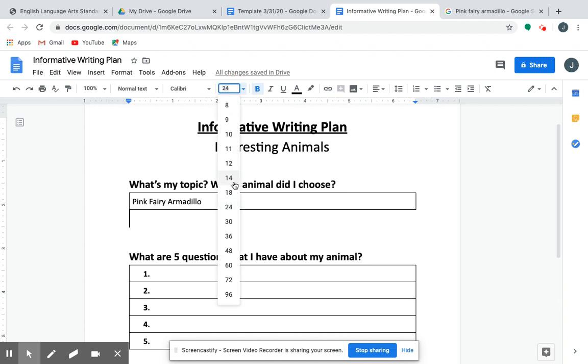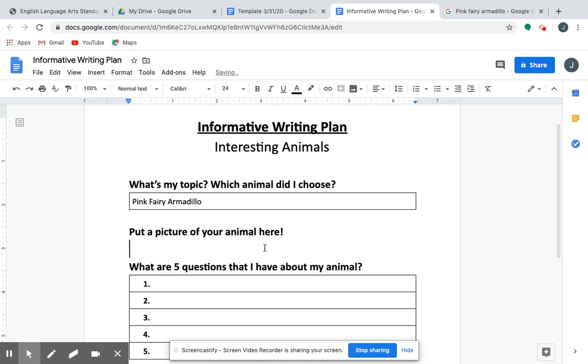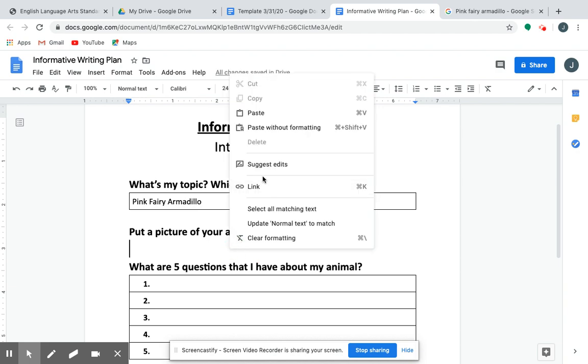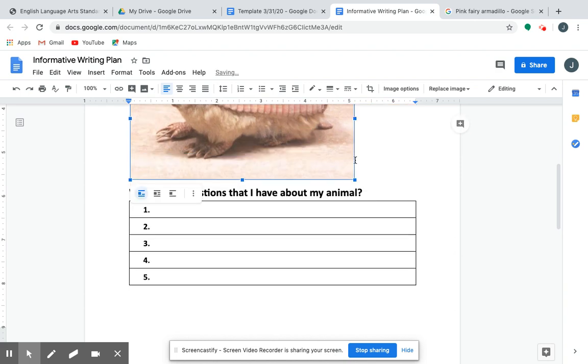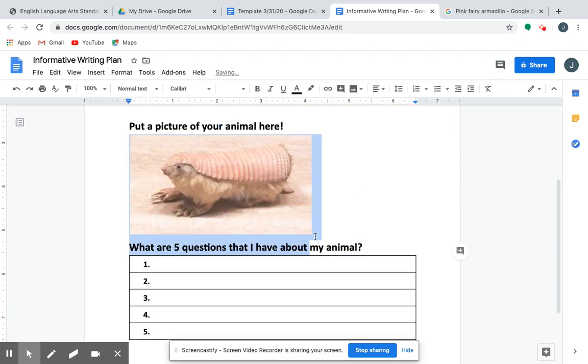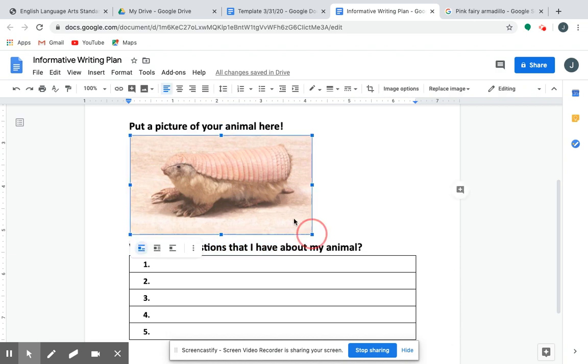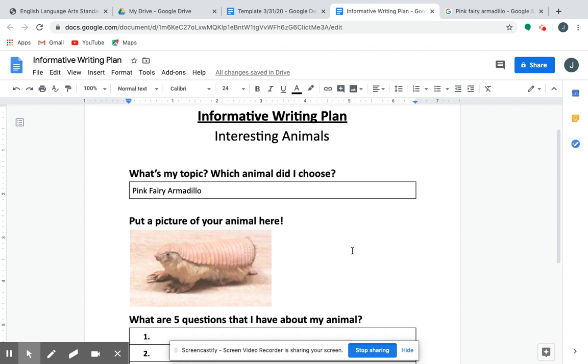I'll say put a picture here. I'll right click again, paste, and I'm going to shrink that. So this is my topic. This is the animal I chose, the pink fairy armadillo.